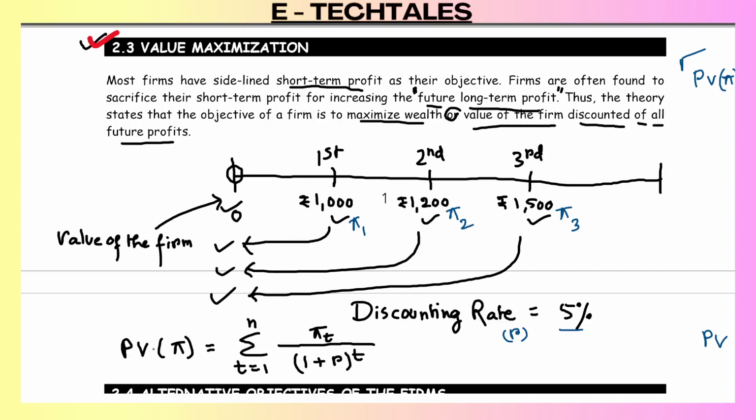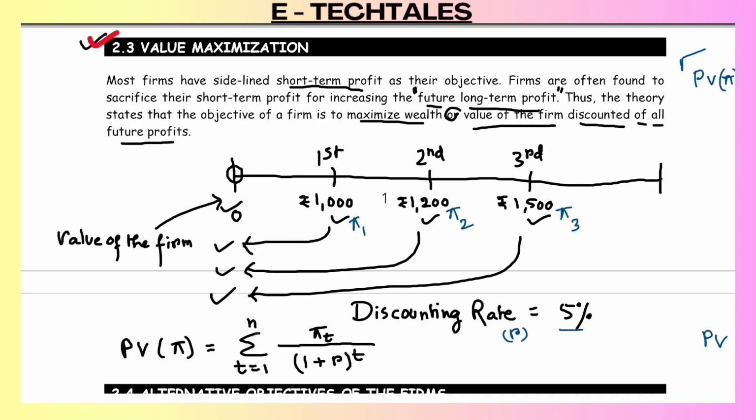Again I'll say, PV, present value of pi, is equal to the summation from t equals 1 to n of pi sub t over 1 plus r raised to t.